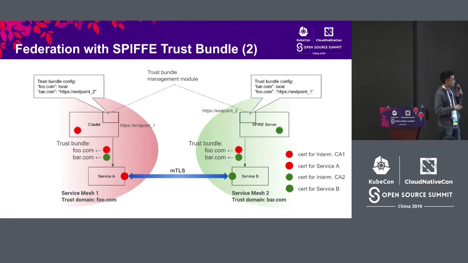Now service A will have the trust bundle, and service B will have a very similar trust bundle on its side. Service A can use the bar.com mapped root certificate, which is the green one, to authenticate service B, and service B will use the red certificate mapped from foo.com to authenticate service A. So that's basically this flow.